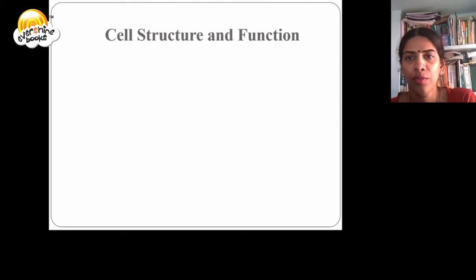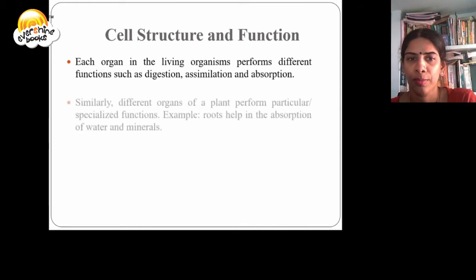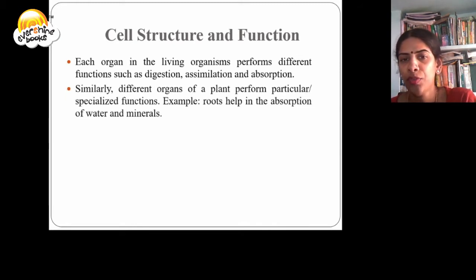Cell structure and function. Each organ in living organisms performs different functions, such as digestion, assimilation, and absorption. Similarly, different organs of a plant perform particular and specialized functions. For example, roots help in absorption of water and minerals.